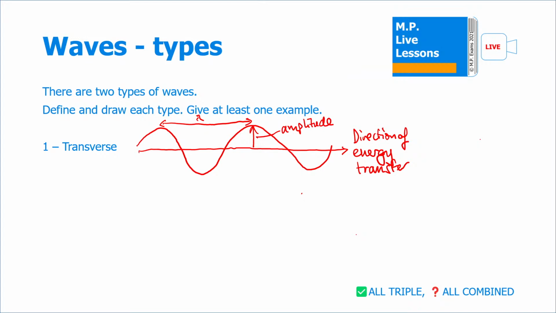Now, transverse waves will have oscillations 90 degrees to the direction of energy transfer. One example would be any electromagnetic wave, such as, let's say, light.